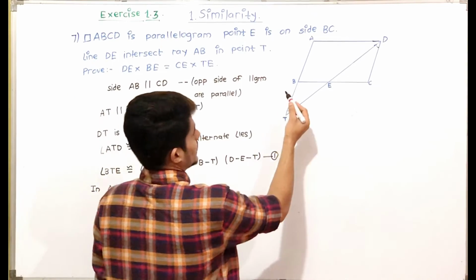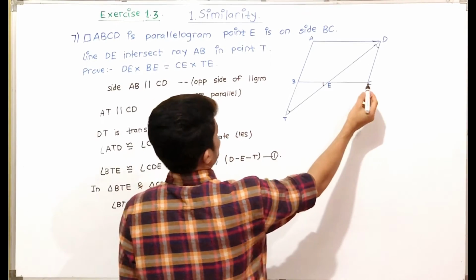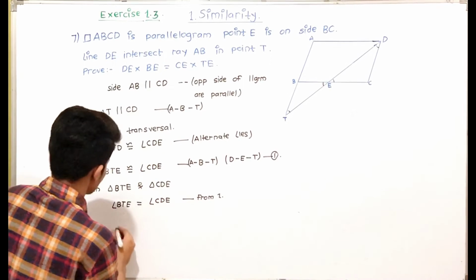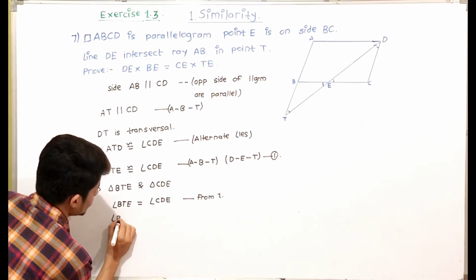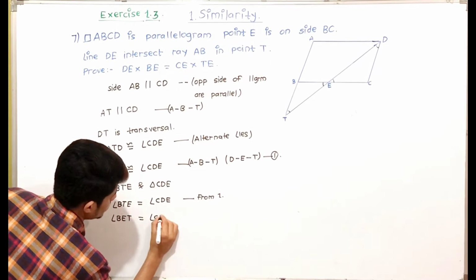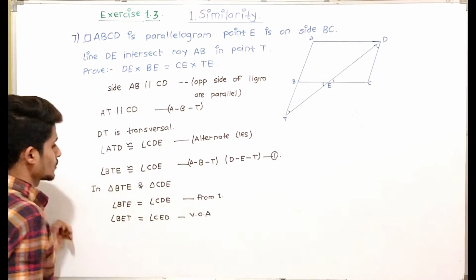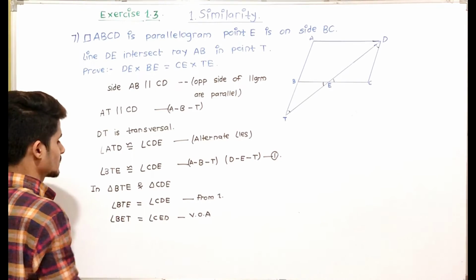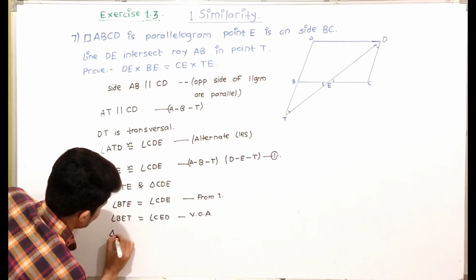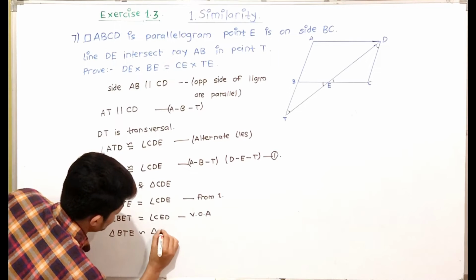Now angle BET is equal to angle CED, vertically opposite angles. So now triangle BTE is similar to triangle CDE by the AA test.